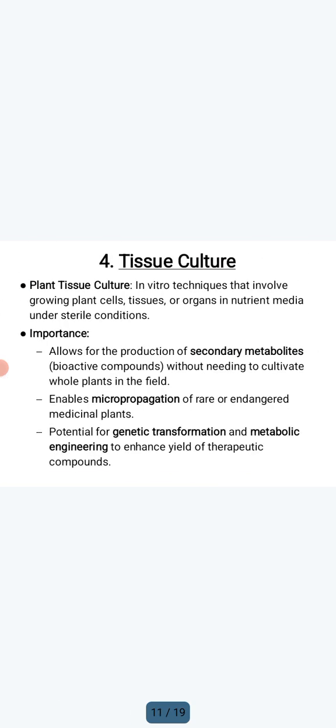Next, tissue culture. Generally, tissue culture is divided into two types: plant tissue culture and animal tissue culture. In plant tissue culture, we use in vitro techniques that involve growing plant cells, tissues, or organs in nutrient media under sterile conditions. It is very important as it allows the production of secondary metabolites, that is bioactive compounds, without needing to cultivate whole plants in the field, and enables micropropagation of rare or endangered medicinal plants.